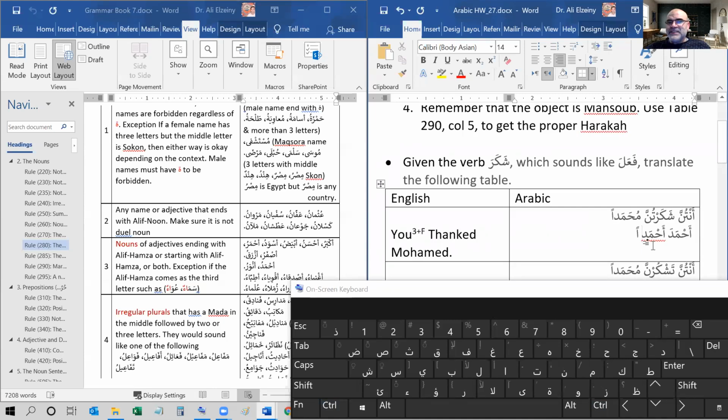Because sarf is not allowed. So basically, if it's Ahmada, then there is no tanween because sarf is not allowed. So here we cross this one out and say sarf is not allowed.